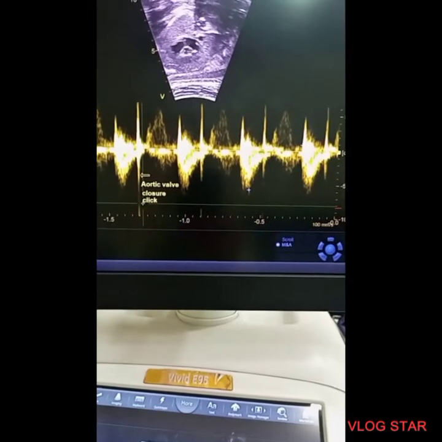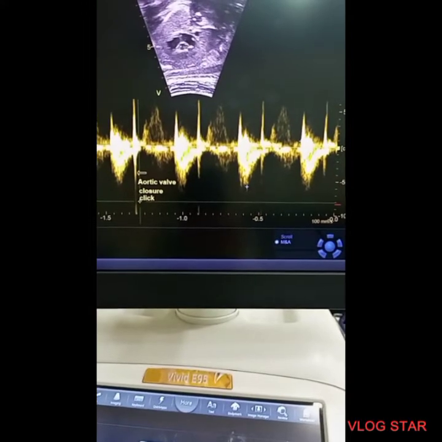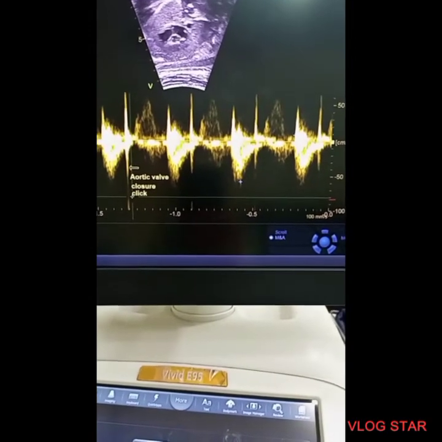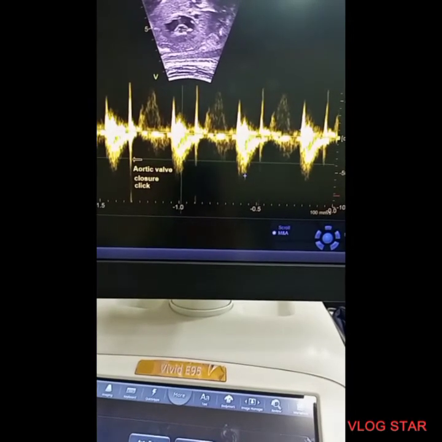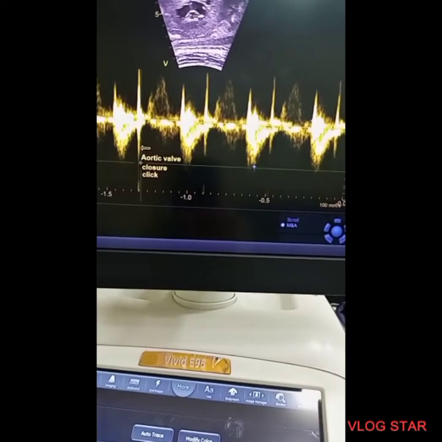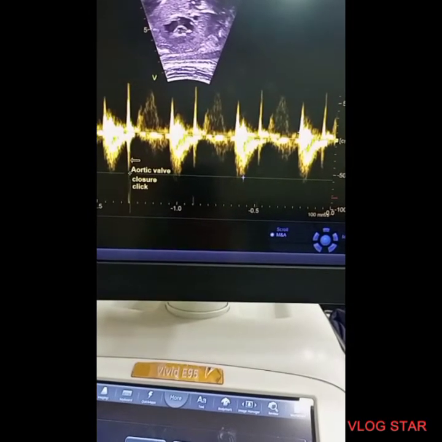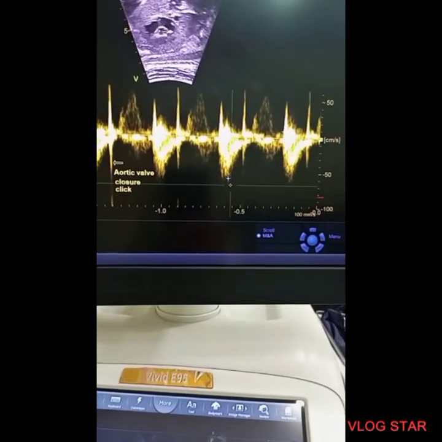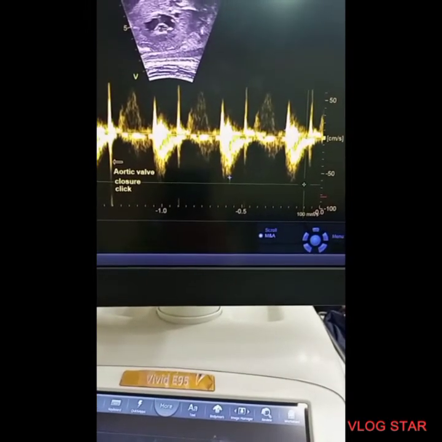Here we place the pulse wave Doppler just beyond the aortic valve, and we get the trace through pulse wave Doppler on the screen. This is the acceleration through the aortic valve, and this is the closing click, which also confirms that we have taken the trace at the exact level, and the velocity shown during the gestational age is 80 to 100.